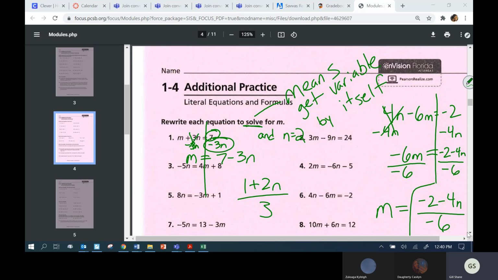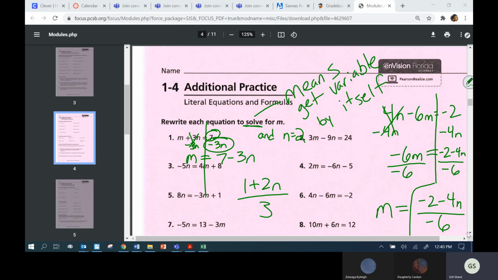I get that. So again, negative 2 divided by negative 2 is just 1. Negative 4n divided by negative 2, because a negative divided by a negative is a positive, gives me positive 2n, because I don't get rid of the n when I divide by negative 2. And then negative 6 divided by negative 2 gives me the 3.